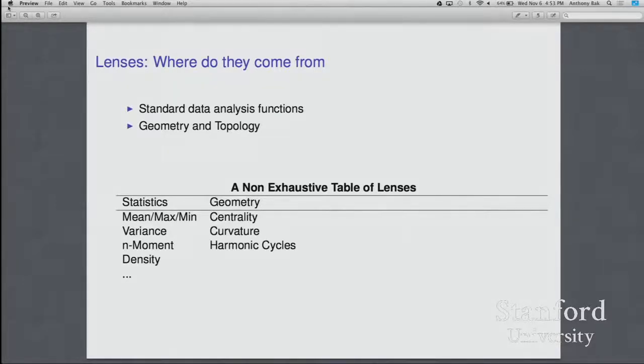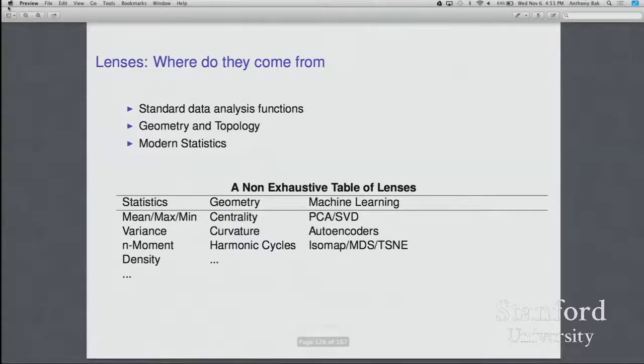Harmonic cycles, so there's a way you can look for circles in your data set. So instead of the image being the real line, your image space can actually be any other topological space that has an open covering. So the lens can go to circles as well as it can go to the line. So like we said here, we already mentioned Isomap, MDS, t-SNE.